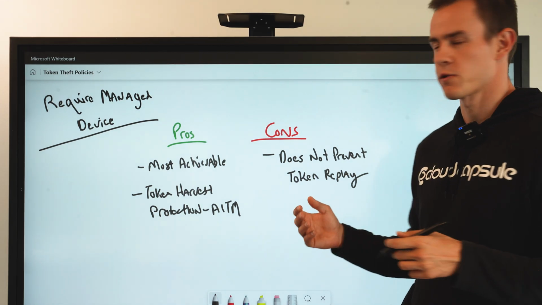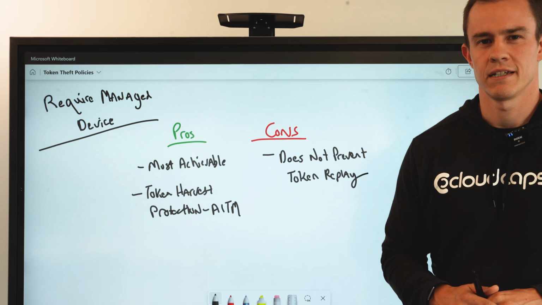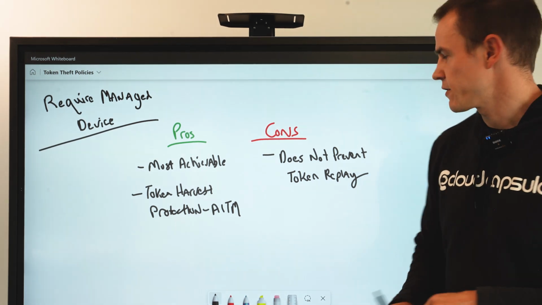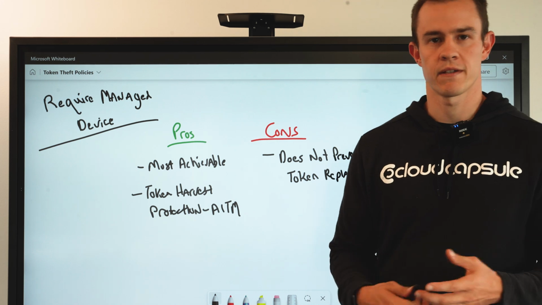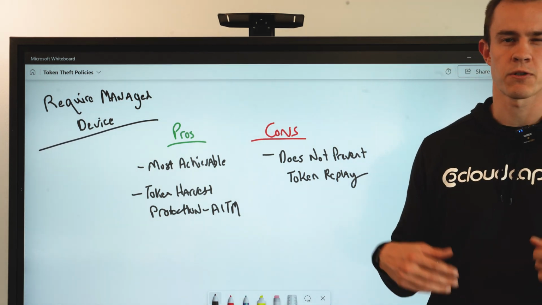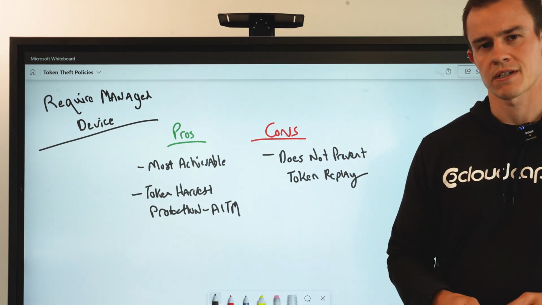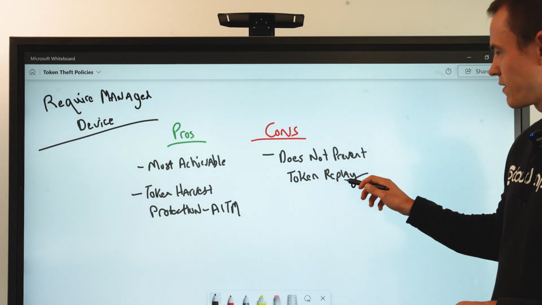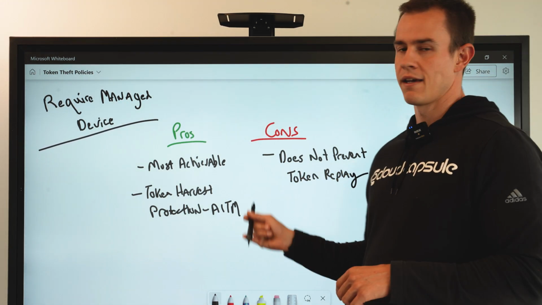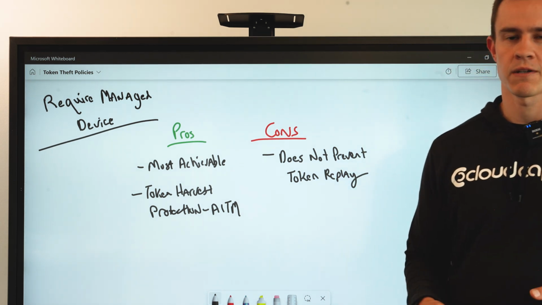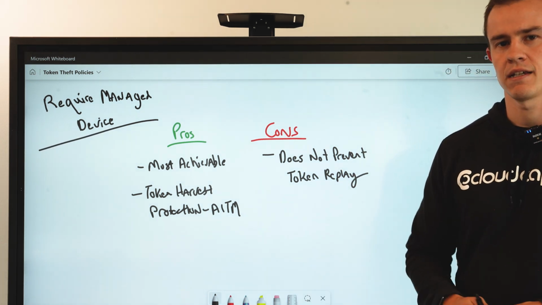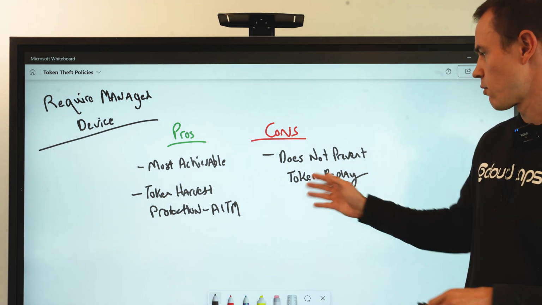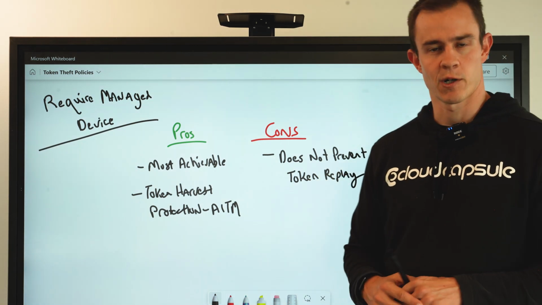Effectively, if a user is signed in on a managed device, and somehow the attacker gets a token through other methods outside of adversary in the middle, potentially cross-site scripting, malware on the device, or malicious browser extensions, which I mentioned earlier, they can still grab that token and replay it on a non-managed device and get access into that user's account. So there's that caveat with this one, or some limitations or breakdowns in our protections.